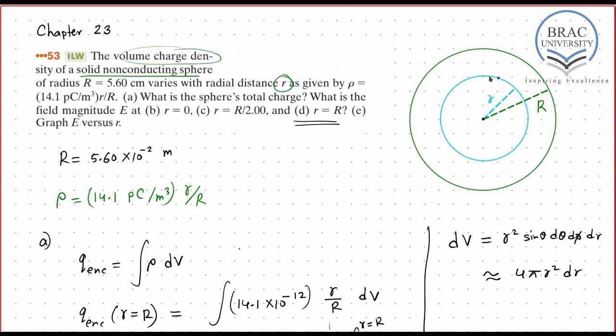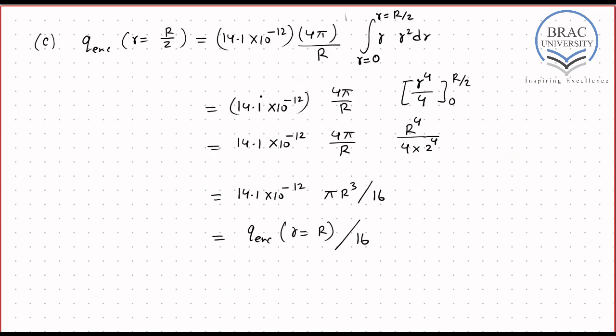That is, if the radius of the Gaussian surface is half the radius of the actual sphere, and the charge distribution is given by this relation, then that half sphere will contain 1/16th of the total charge.